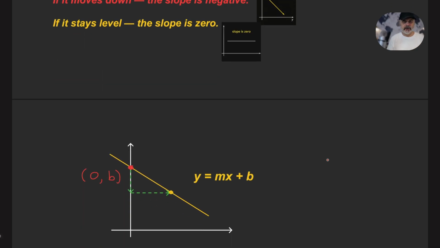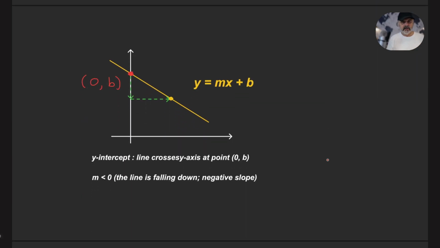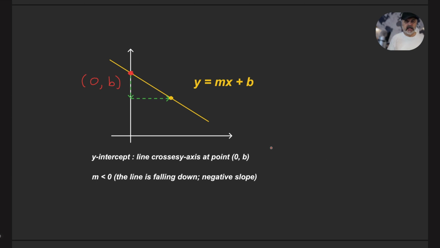Now we explore further. What is the B value? B represents a point on the y-axis where the line cuts through that y-axis. Every single line, which is a function, must have the B value, but sometimes that B value is 0.